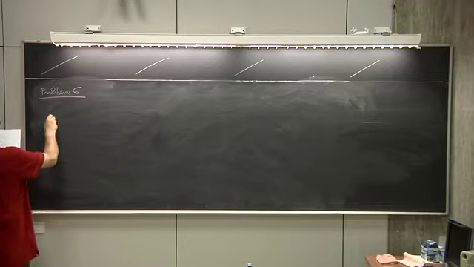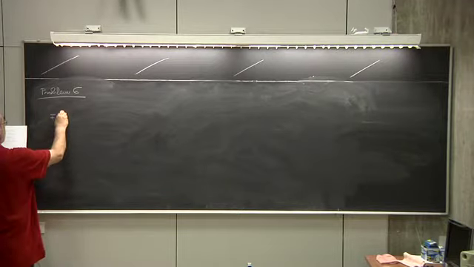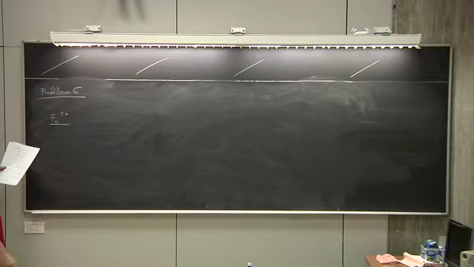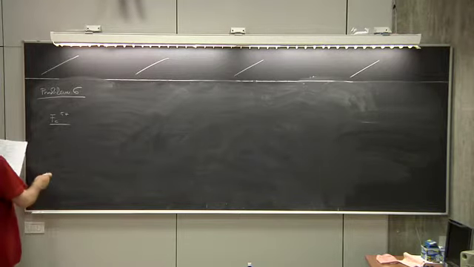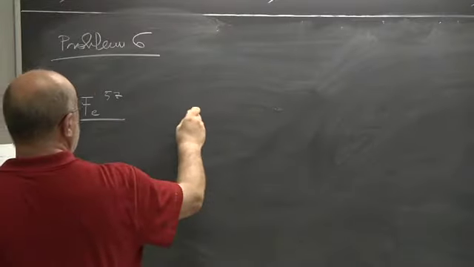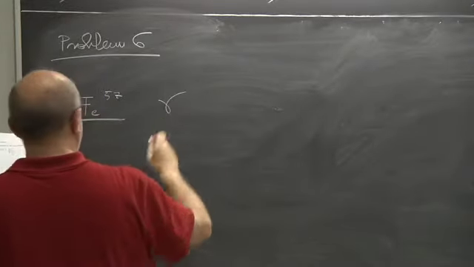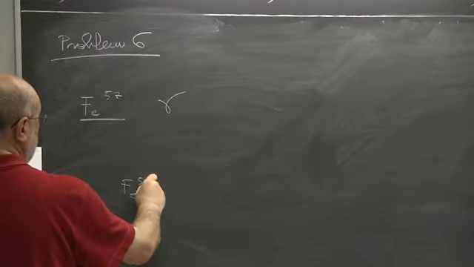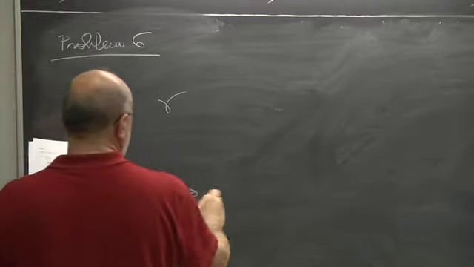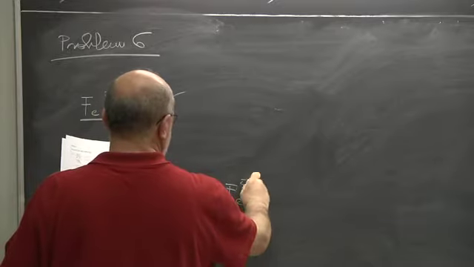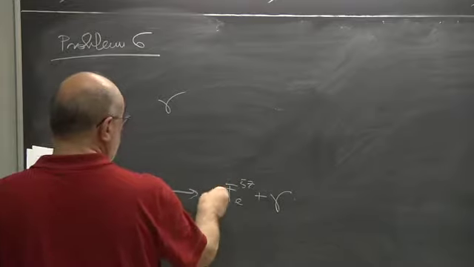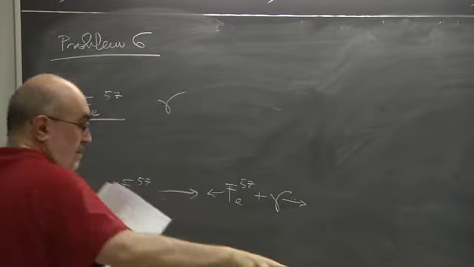Now, you have a nucleus of iron, Fe-57, and this nucleus emits a gamma, a photon. Okay, so that means first it is at rest, and then you have this situation. And then, of course, they will move in opposite directions.